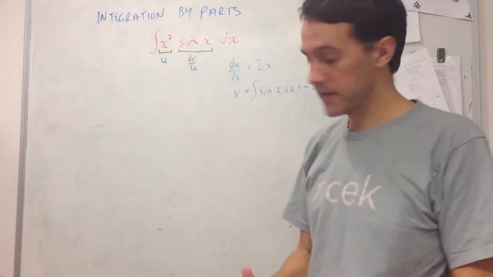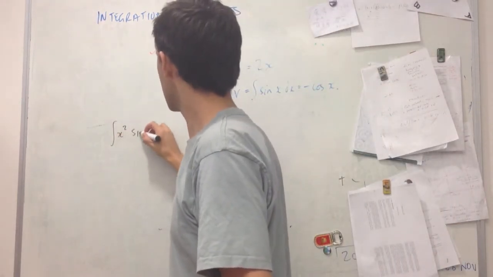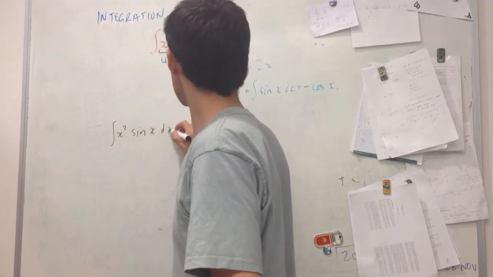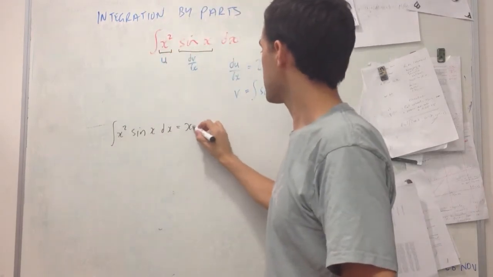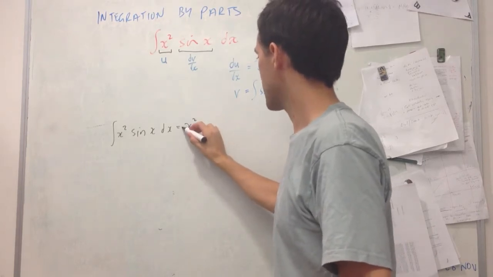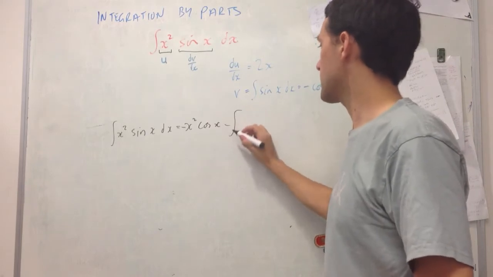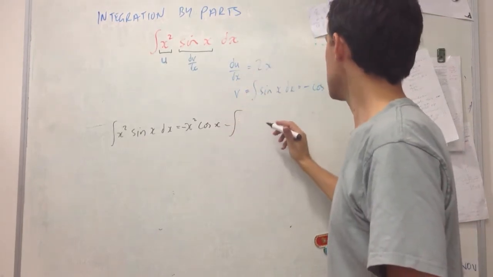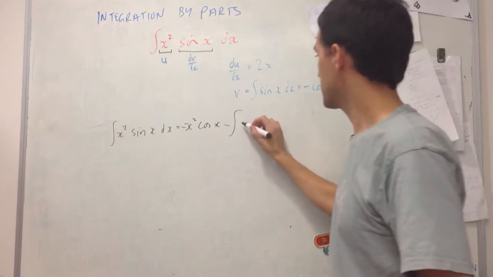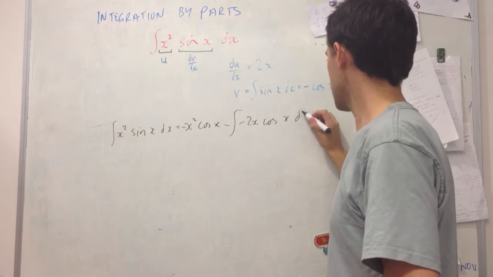So when I put these together, I get that the integral of x squared sine x dx is equal to u times v, so x squared times negative cosine x, minus the integral of v times du, which gives me negative 2x cosine x dx.